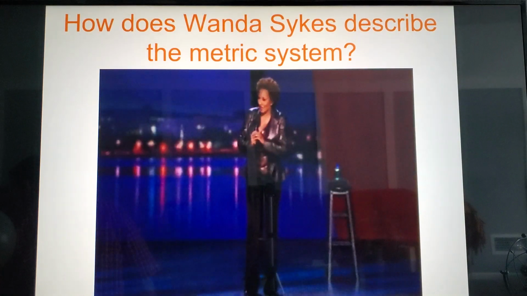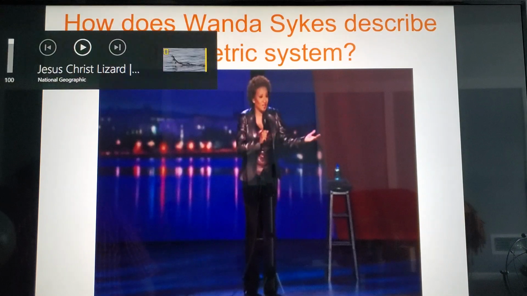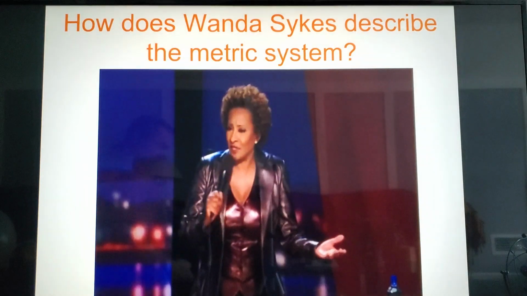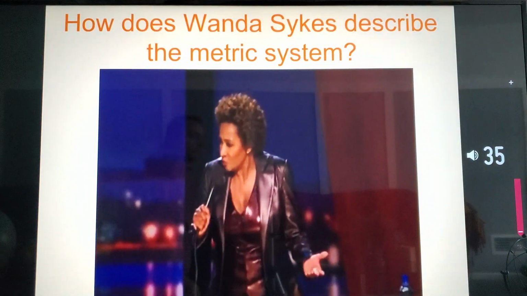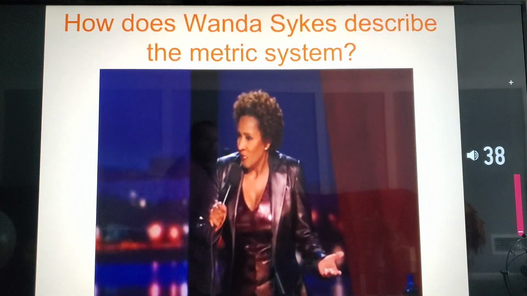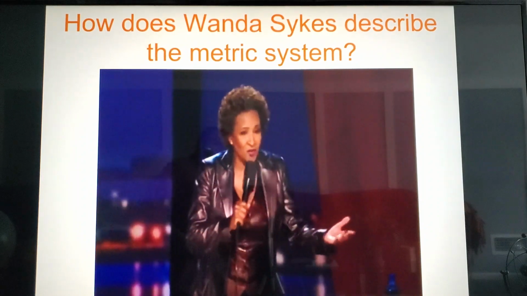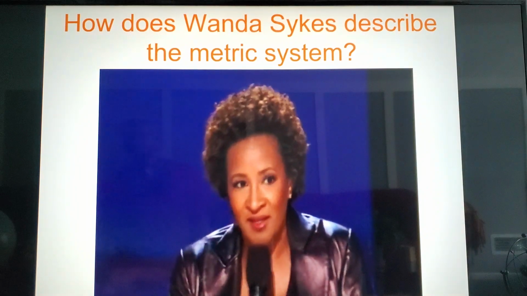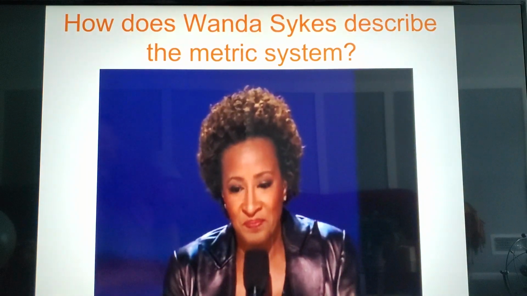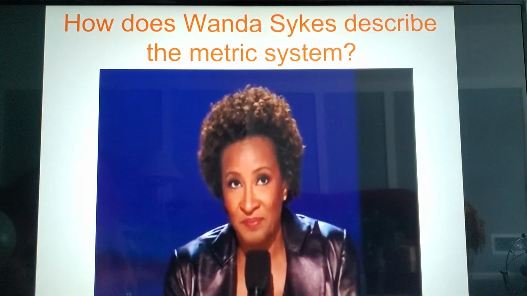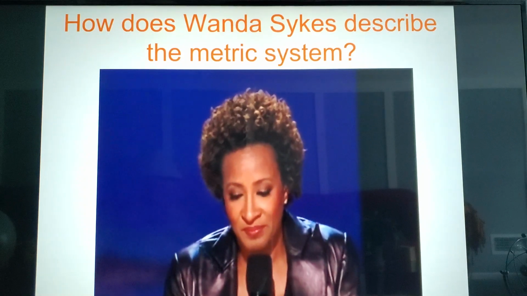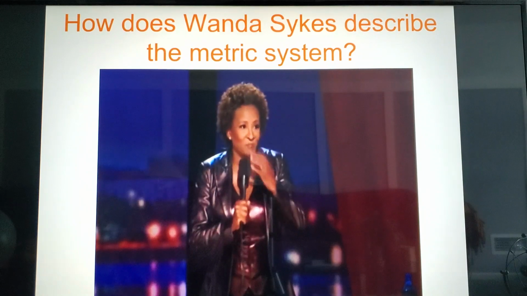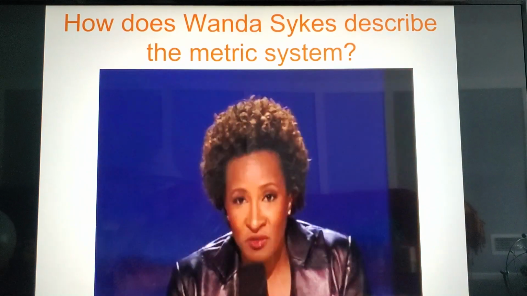It's sad, man. The only people who use the metric system are doctors, right? And I feel sorry for the doctors because they have to give us our diagnosis in fruit. You go to the doctor and they say, you have a tumor. Oh, okay, how big is it, doctor? Nine centimeters.